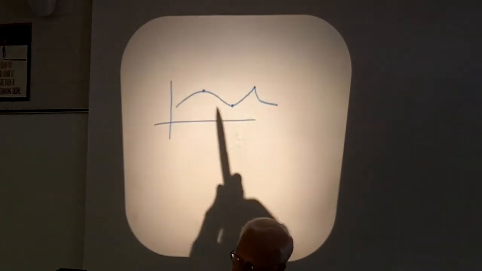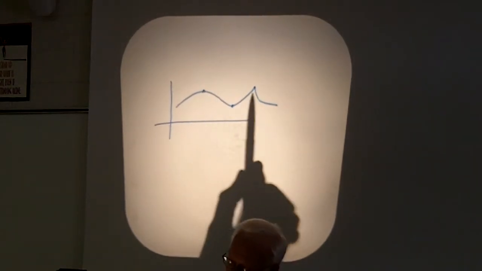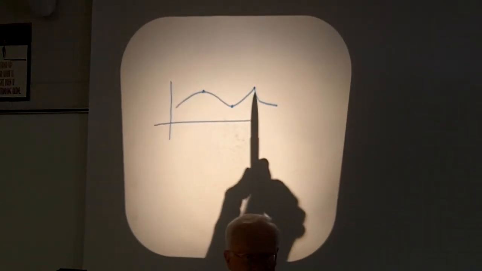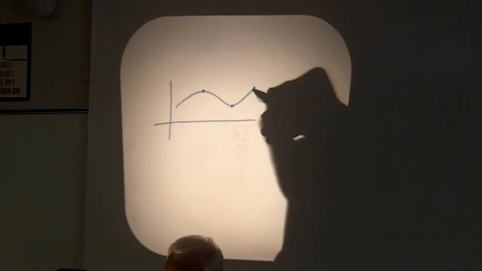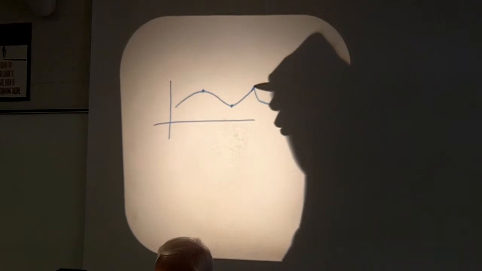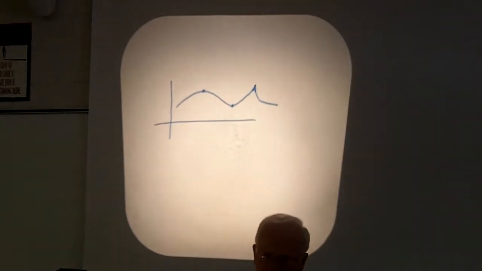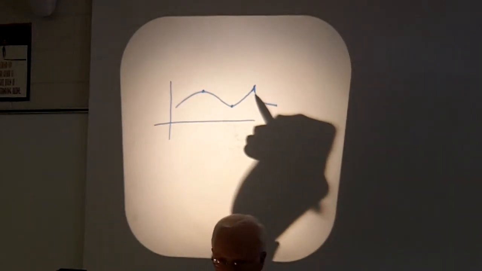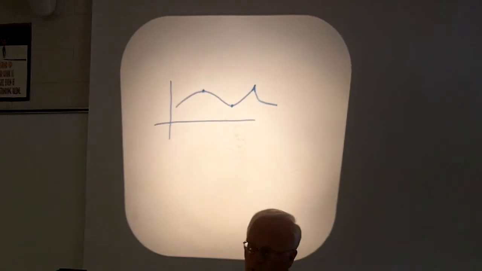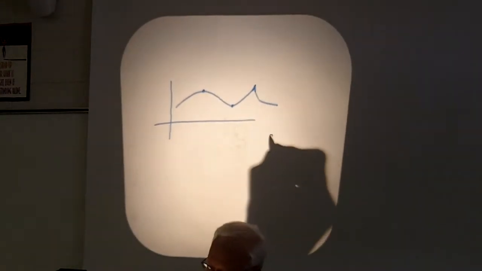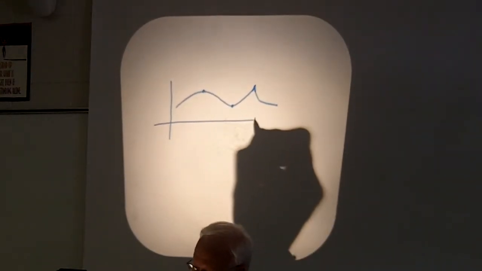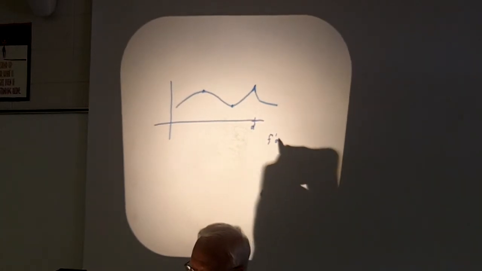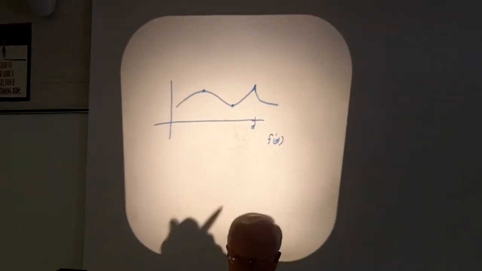Now, the difference is that we can't find a derivative here, because the derivative on this side has a slope this way, and on this side it is different, and they have to be the same. Otherwise, it's not a derivative. So that's an undefined first derivative. F prime at, we'll just call this point D, does not exist.